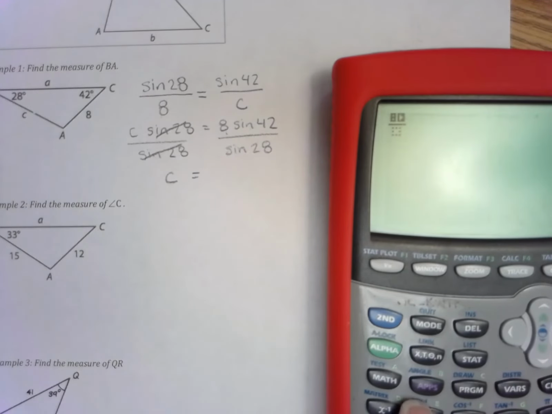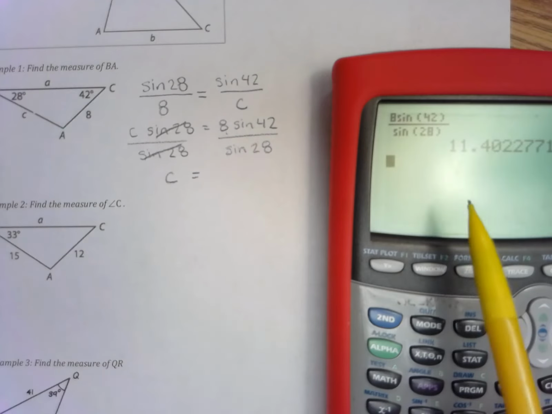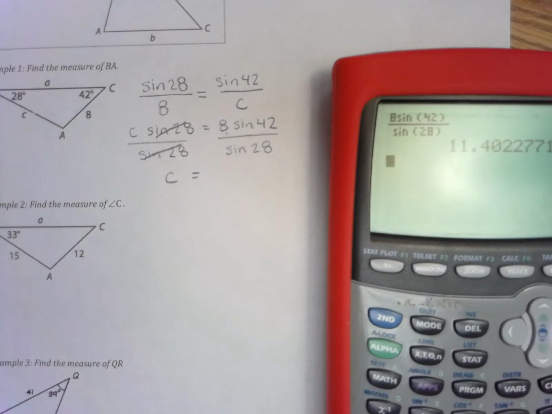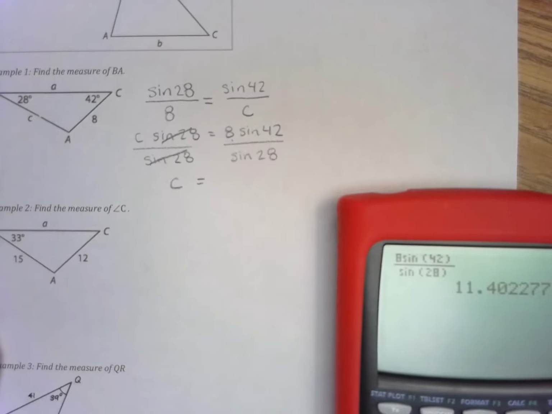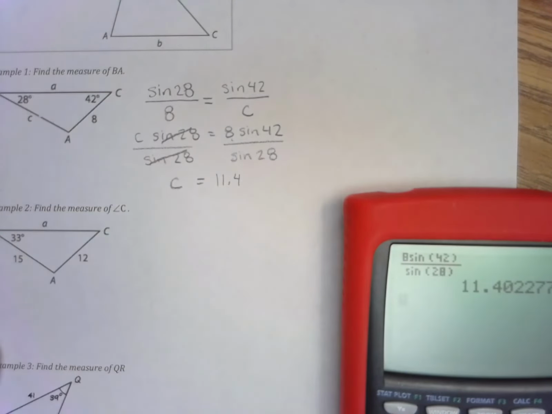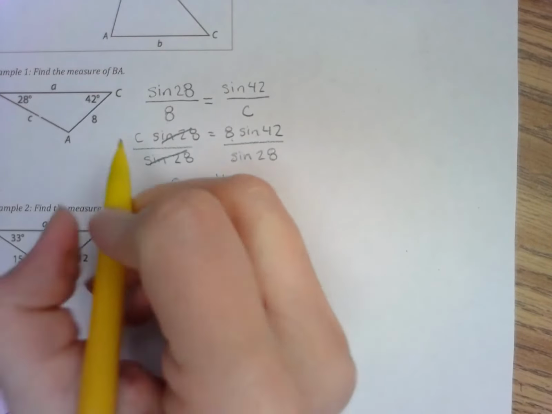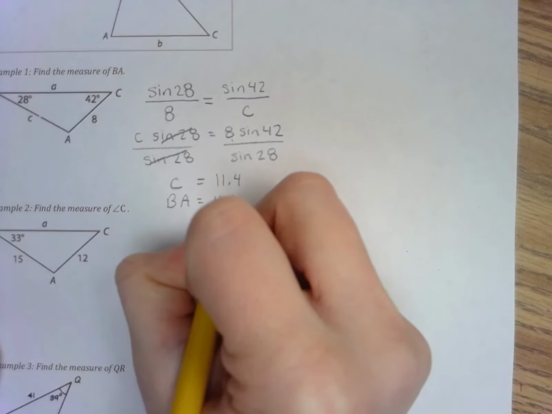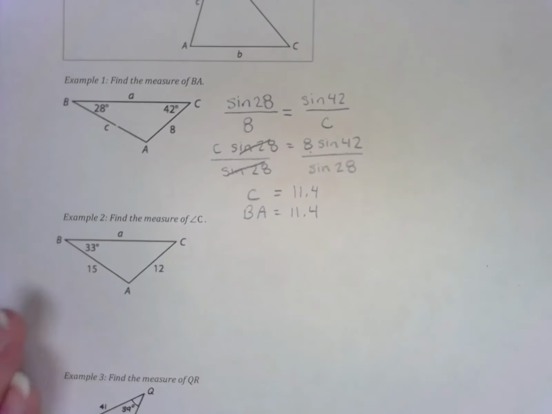So you can do 8 sine of 42, and we're going to divide that by sine of 28. We'll round it to the nearest tenth since it's a side of the triangle. We have 11.4. So side AB, or BA, either way you want to call it, BA is 11.4, and we solved that using the law of sines.